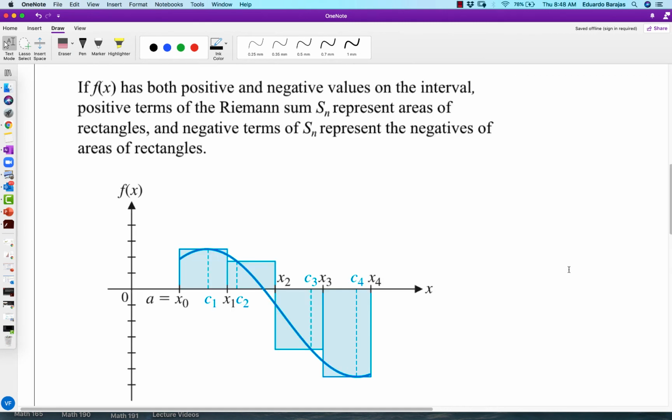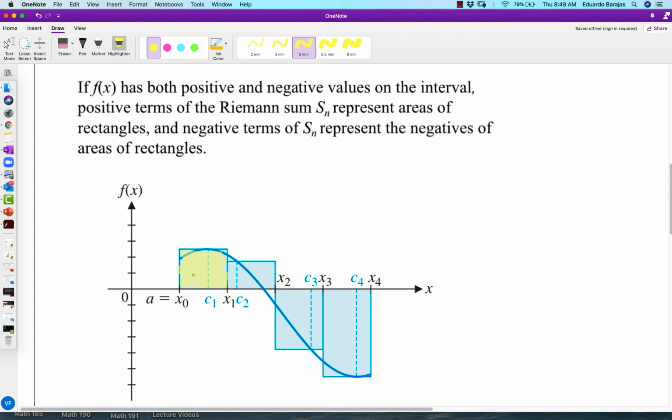On the other hand, if f of x has both positive and negative values on the interval, positive terms of the Riemann sum s sub n represent areas of rectangles, and the negative terms of s sub n represent negatives of the areas of rectangles. Right? So the way we defined the areas of rectangles would result in positive answers when the function is above the x-axis.